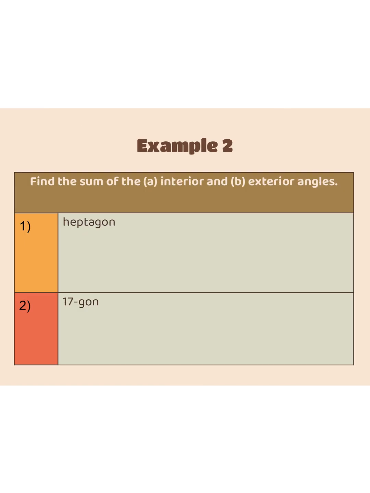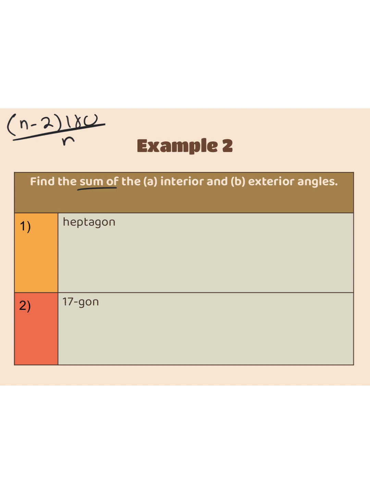So we're going to go over how to find the interior angle and the exterior angle. We're going to assume, guys, this is a regular polygon. We can either use this formula to figure out how much each angle is, but they want the sum. Because they want a sum, I'm going to just use the chart that we had earlier.